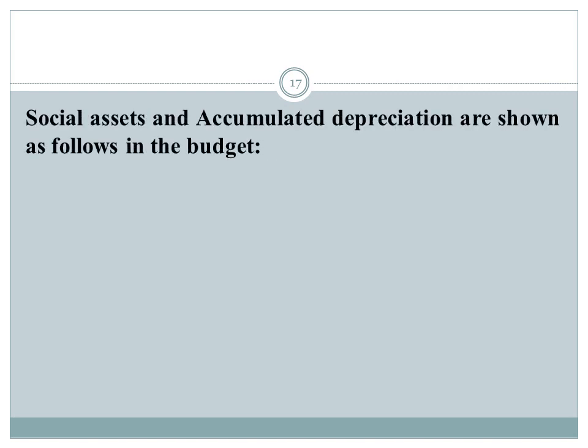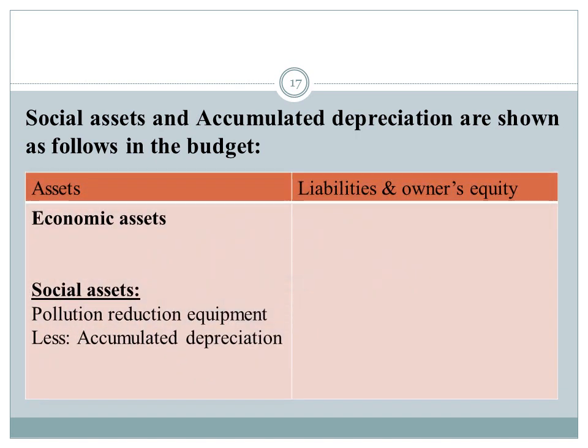Another statement, the balance sheet or our budget, consists of assets, liabilities, and owner's equity. Assets: economic assets, social assets, pollution reduction equipment at the amount of acquisition less accumulated depreciation.